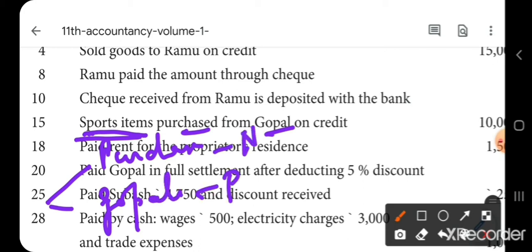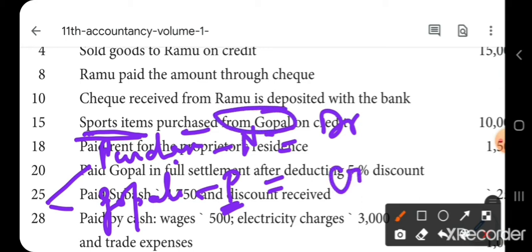Gopal is a personal account. Debit all expenses and losses, credit all incomes and gains. So purchase is an expense, so you debit purchases. And Gopal, the personal account, the rule is debit the receiver, credit the giver. Here from Gopal you are purchasing, so Gopal is the giver, credit the giver. So the entry will be purchase account debtor to Gopal's account.